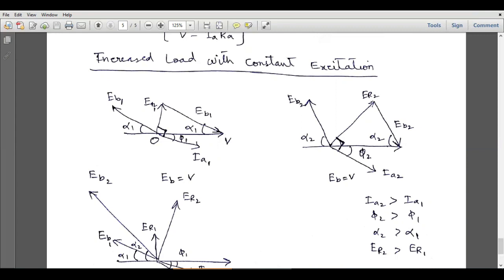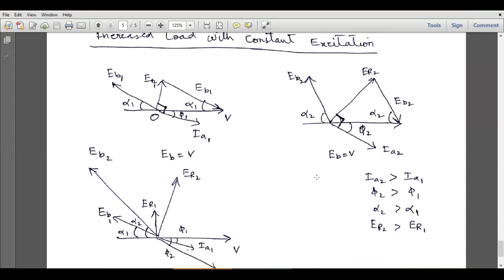So this will be the new ER, and now ER has shifted towards the right, so this IA vector will also be shifted downward. So this angle phi 2 will increase as a result of this increased load.